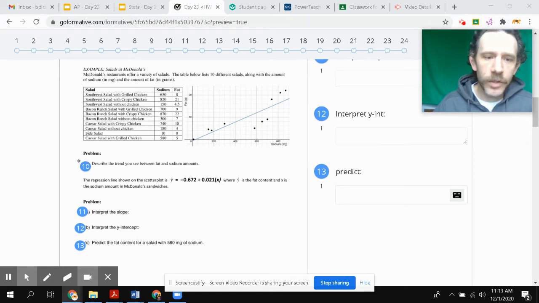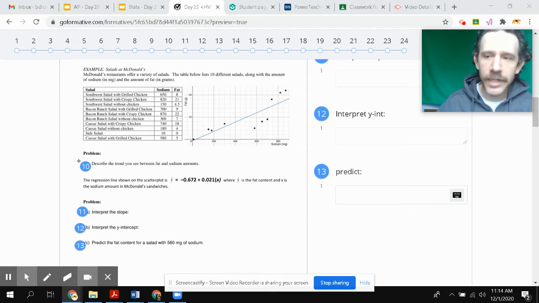You can think of this as a positive slope, but we want to bring in some real life context and understand that the line we have here is not the actual salads. Those are the points. The line is a prediction going off of the trend that we're noticing with those points.